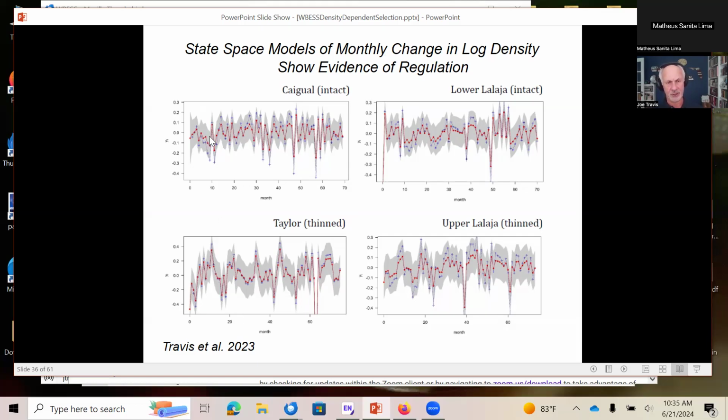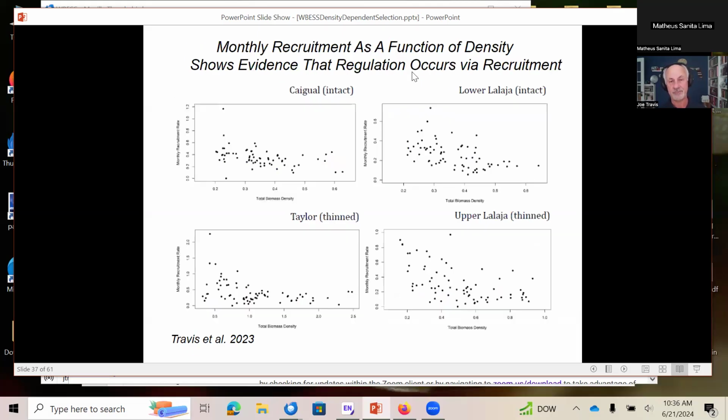And what these graphs show you is that decreases tend to follow increases more often than you'd expect by chance alone, in all four populations. So these state space models take the actual observed data, correct for the experimental or sampling error, and give you confidence limits and estimated values. So they show evidence of regulation.